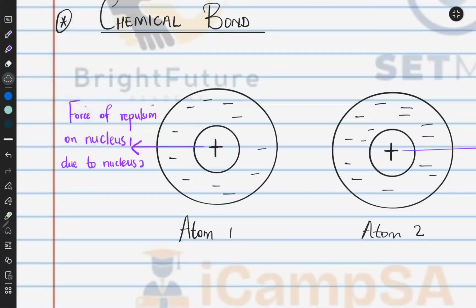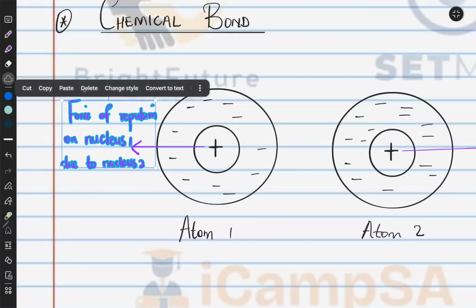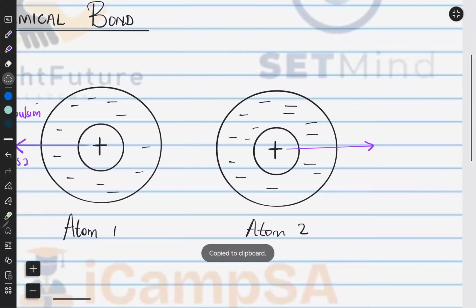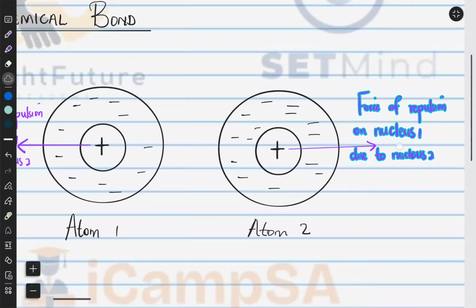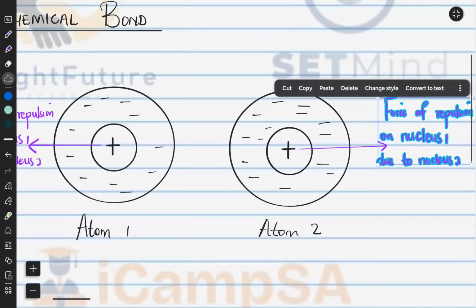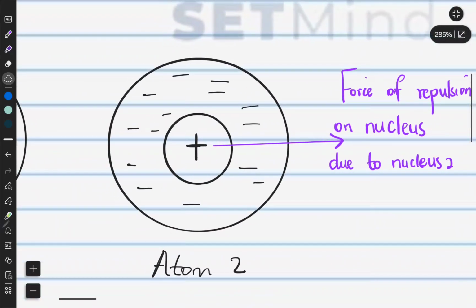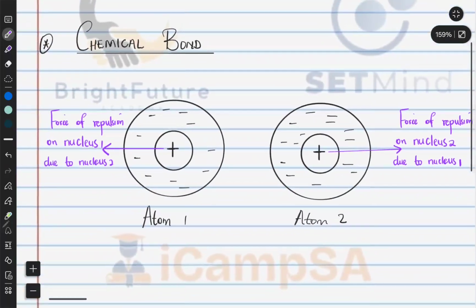And on the other hand, atom 2 will also feel a force of repulsion due to the nucleus of atom 1. So we'll say force of repulsion on nucleus 2, which is the nucleus of atom 2, due to the nucleus of atom 1.